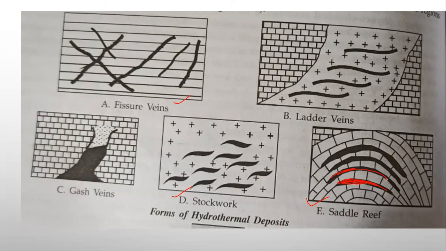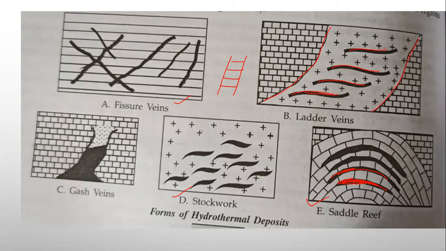Then the next one is ladder veins. Ladder veins, you remember, like the ladders you must have in your house. Same like this, there will be ladders in a dike. Generally these deposits are formed in dikes. This is a dike, an igneous intrusion.